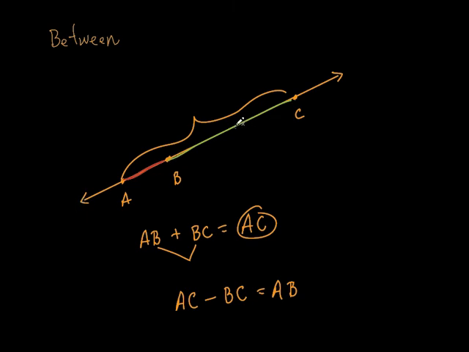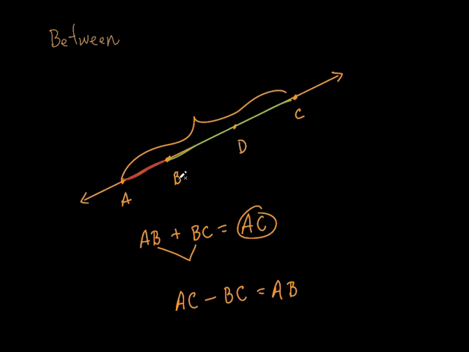Now what if I stuck another letter in here? What could I do? Well, I could say a bunch of things. I could say that D is between B and C. But what else is D between? Well, D is also between A and C. All right, so I could have said that.